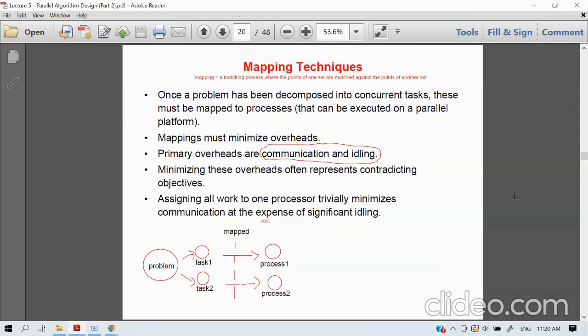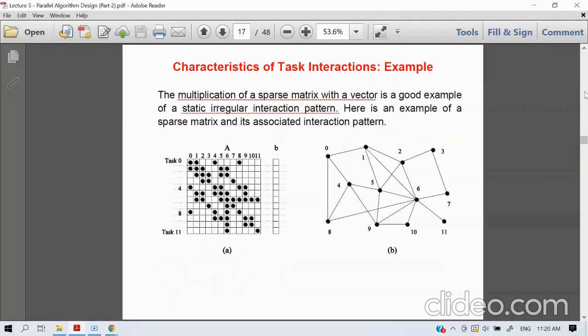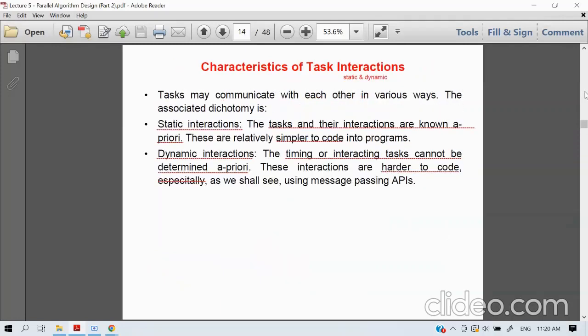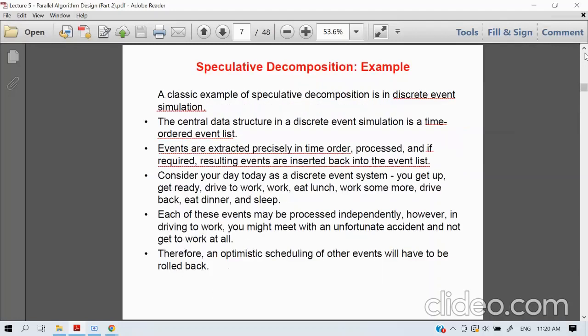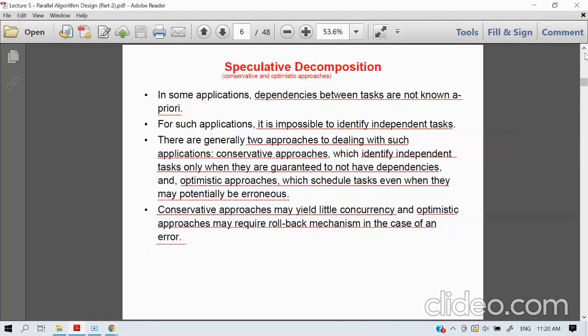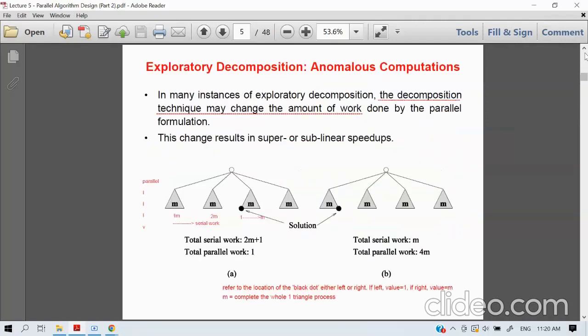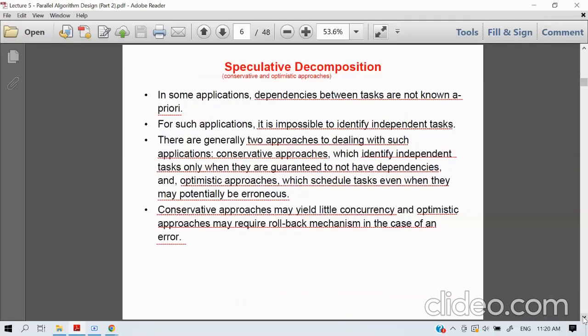Hi everyone. If you still remember from the previous class, we learned about parallel algorithm design. From slide 1 until slide 19, we learned about the last two techniques of decomposition, which are exploratory and also speculative.